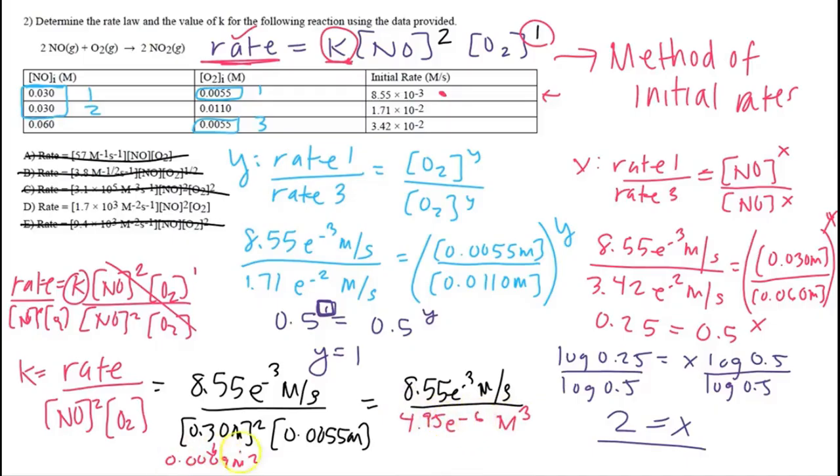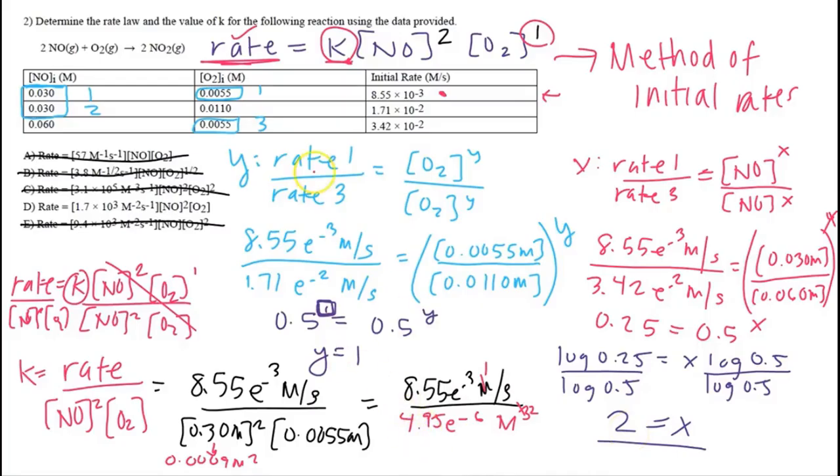So what I did is I took my 0.09 molarity squared and multiplied by the 0.0055. That's how I got 4.95 times 10 to the negative 4 molarity cubed. Now, of course, I can get rid of my molarities here. I have 1 over seconds here, and I have molarity squared. So my units, I know, are going to be 1 over molarity squared and 1 over s, or s to the 1. So that's how I'm able to verify my units there.